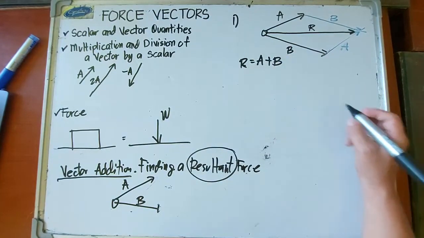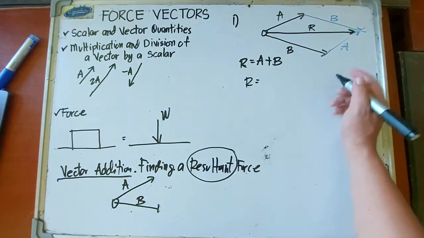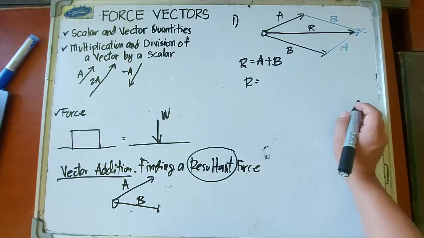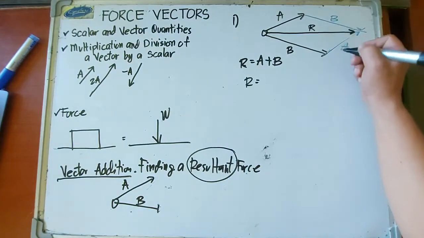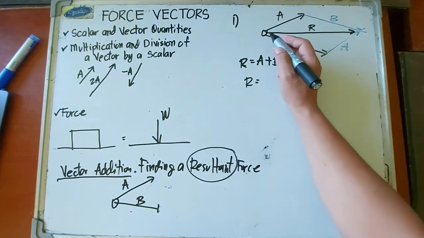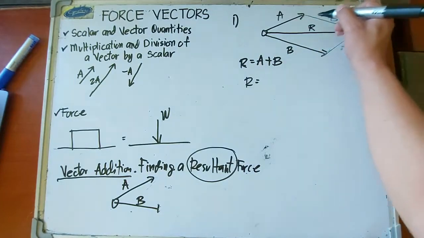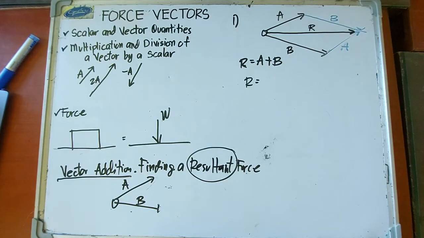Ayan. So the resultant is equal to, so you can choose, since parallelogram ito, you can isolate any of the two triangles. Ayan. So you can choose to isolate itong upper triangle or the lower triangle and analyze yung triangle using trigonometric functions and then solve for the resultant force.